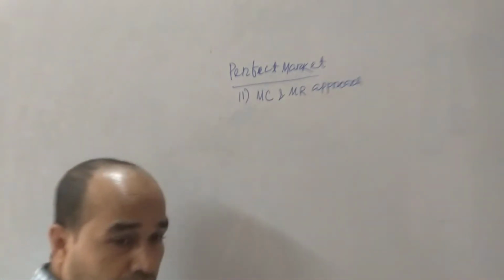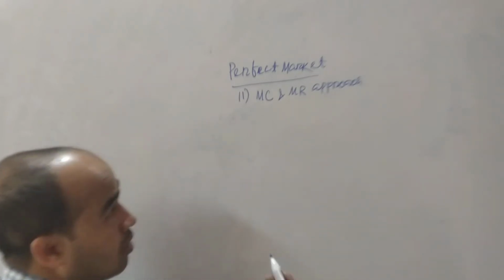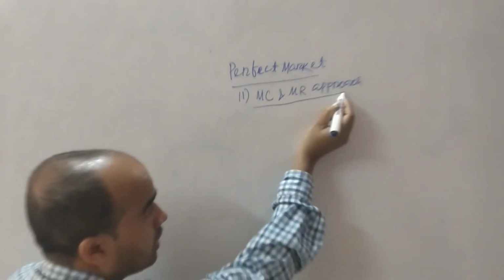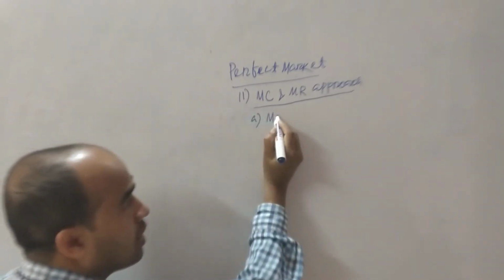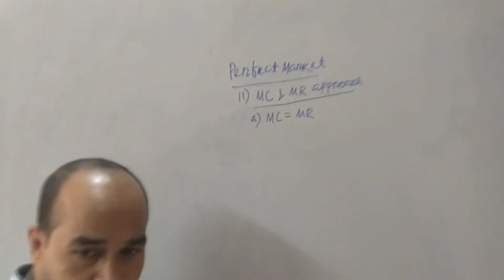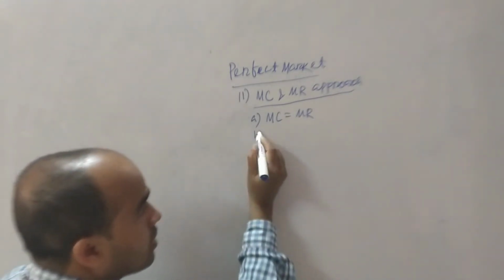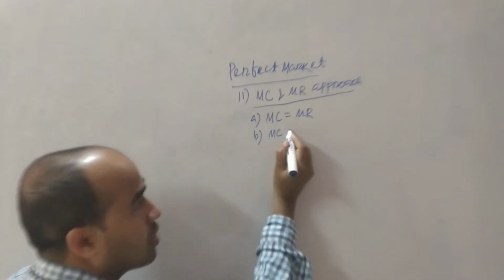According to this approach, listen very carefully. What are the conditions under this approach? First condition: marginal cost should be equal to marginal revenue. Second condition: after this equality, marginal cost is rising.